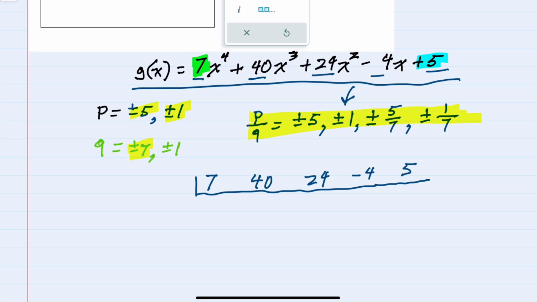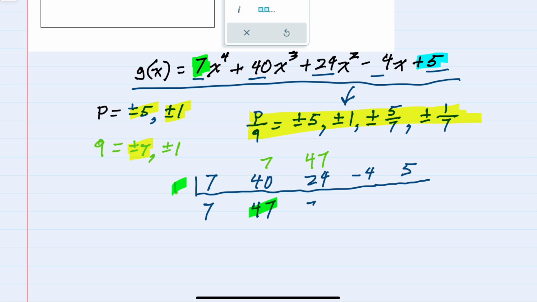We might as well start with the easiest ones first. I'll start off trying a positive 1, so that if I bring down that 7, 1 times 7 is 7, plus 40 is 47, and then 1 times 47 is 47.